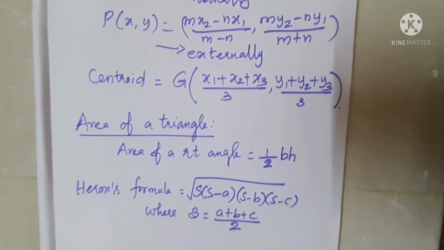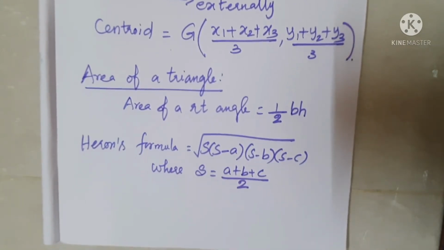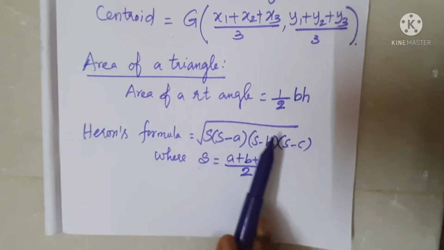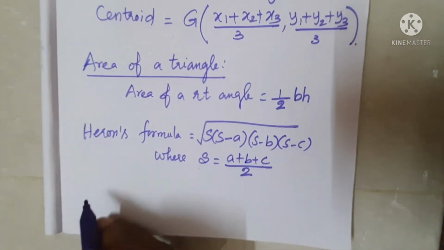That is the semi-perimeter of the triangle. Perimeter means you add all the sides, a plus b plus c, and for the semi-perimeter you divide by 2. This is the area of a scalene triangle, where the 3 sides are different.